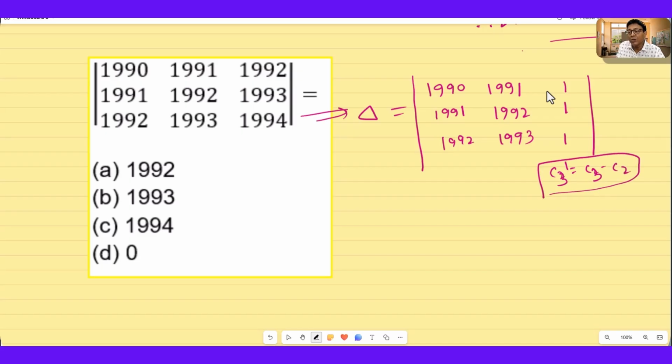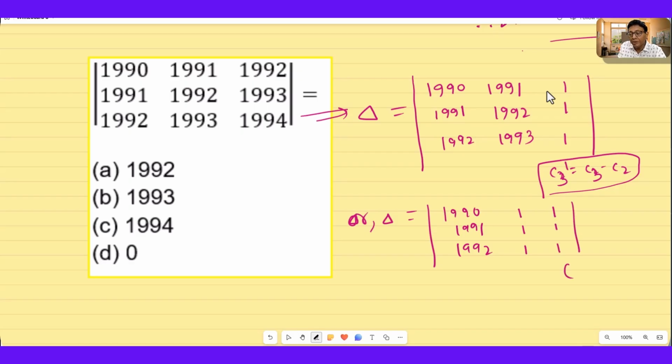The new third column is obtained by subtracting the second column from the old one. Clear? Now what we'll do here? Delta equal to 1990, 1991, 1992, and subtract this from this. It will be 1, 1, 1.